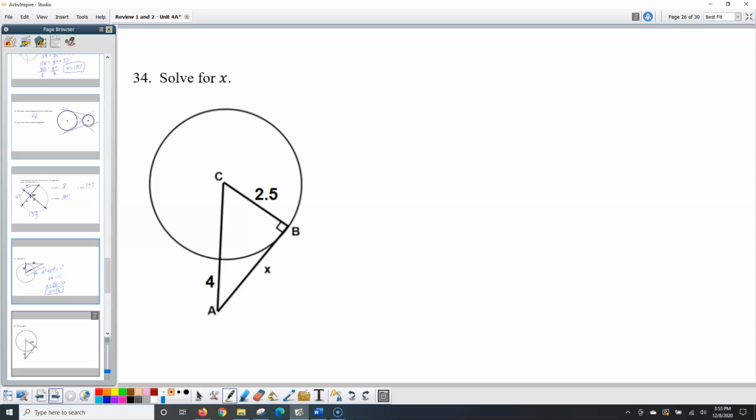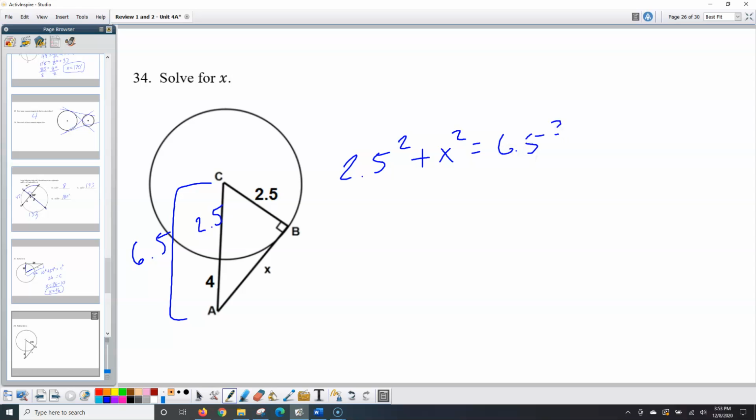Right here, I'm going to swing that 2.5 around. If that's 2.5, then that means that's 2.5. So this is 2.5. That means this whole hypotenuse is going to be 6.5. And I'm going to say 2.5 squared plus x squared equals 6.5 squared.